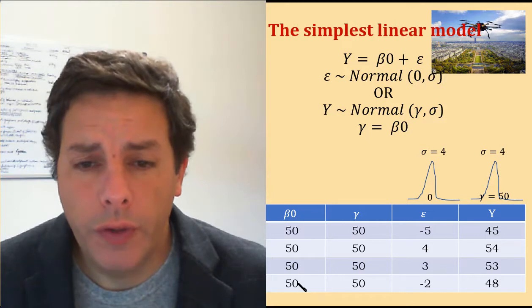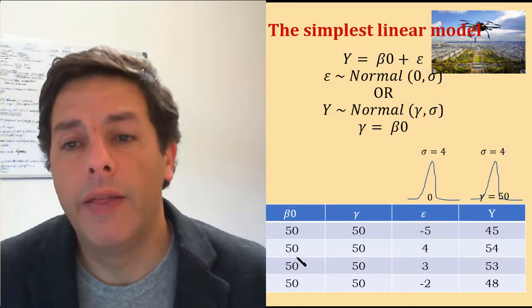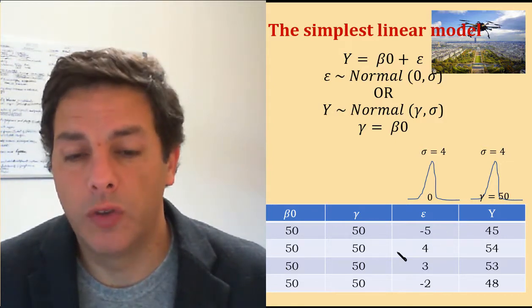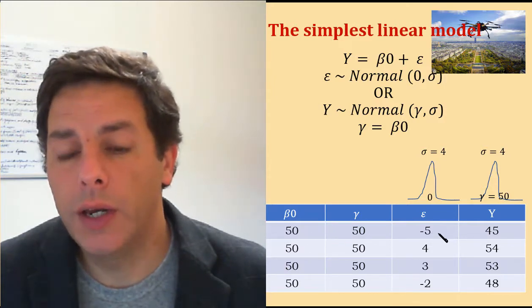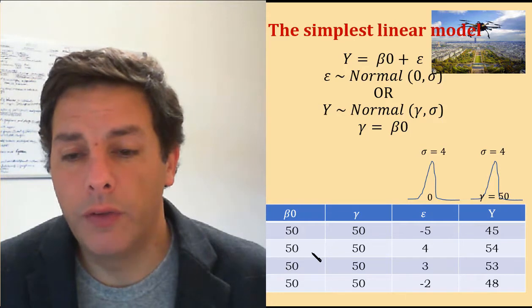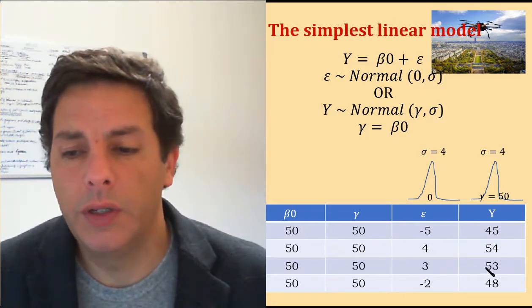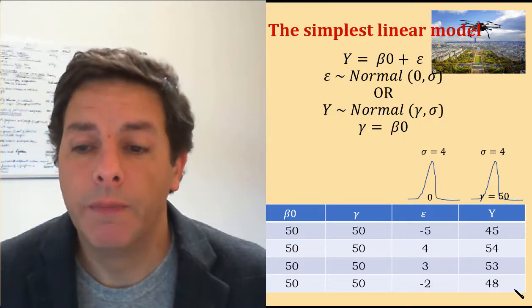So 50 is a constant because all the units of analysis share the same value, and then we add epsilon, and epsilon is different. In this case, 50 plus minus 5 is 45, 50 plus 4 equals 54, 50 plus 3 is 53, 50 plus minus 2 is 48.